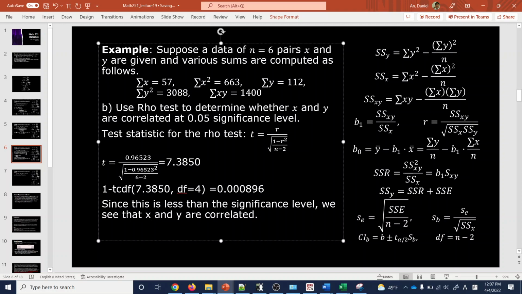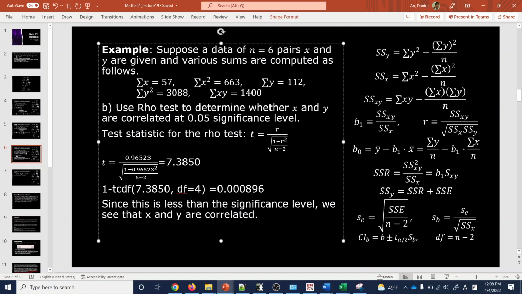Or to be more formal, you should really say the null hypothesis is that they're not correlated at all. And we reject the null hypothesis and conclude that there is significant data to show that x and y are correlated. Okay. Yes, what's the significance level? The significance level is 0.05.